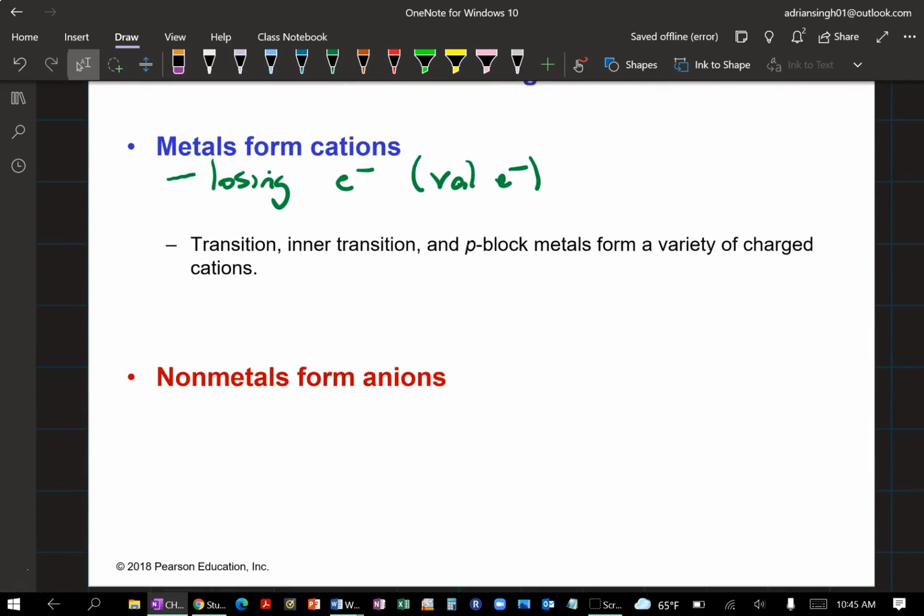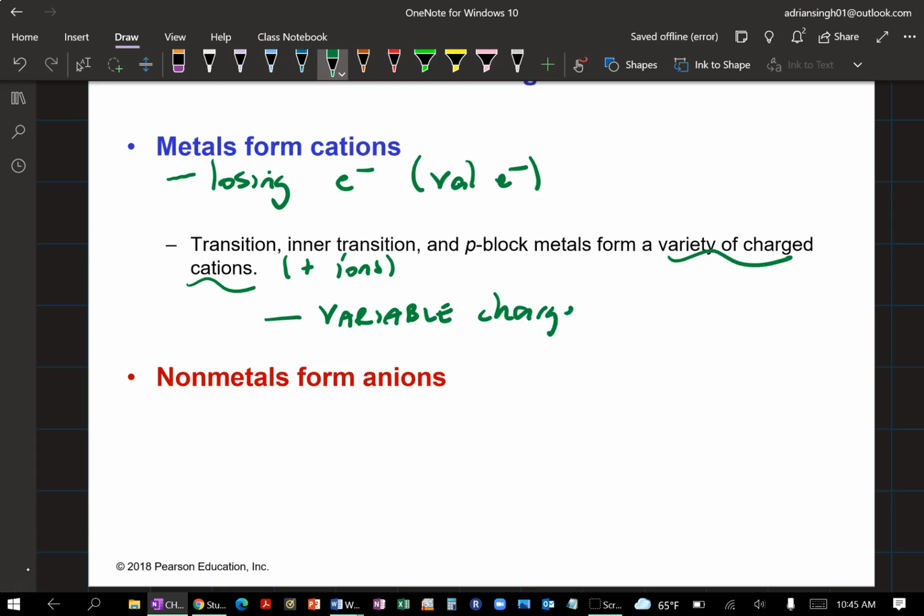What we will see eventually is that the transition, the inner transition, and the p-block metals tend to form a variety of charged cations, which are positive ions, by the way, as a reminder. So we refer to these as variable charge metals, meaning their charges are not fixed when they form ions.